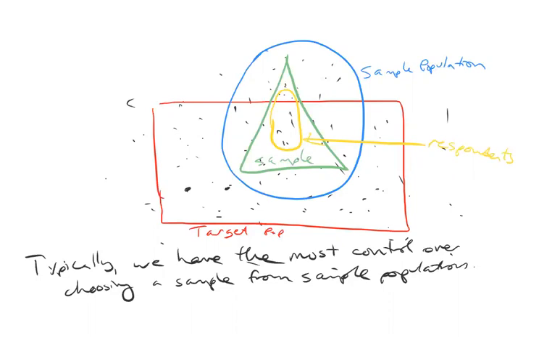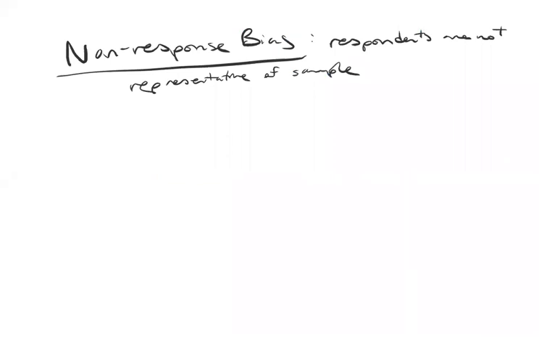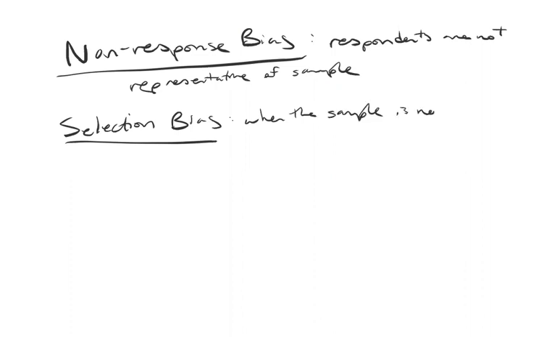And you can see here there's two places that might come from. It could come because the sample is not similar to the sample population, or it could come because the sample population is not similar to the target population. Both of those things have the same name, and that name is selection bias. So selection bias occurs when the sample is not representative of the target population because either one of two things happened.